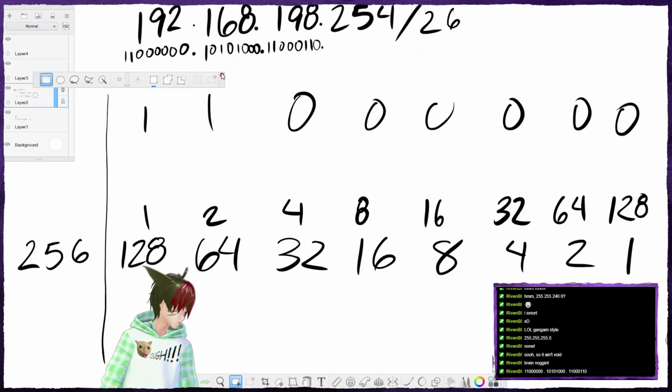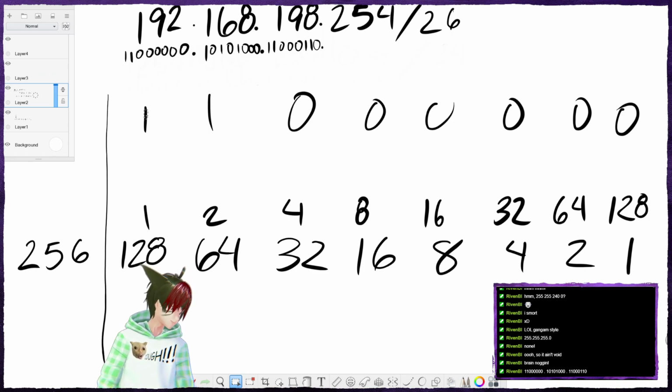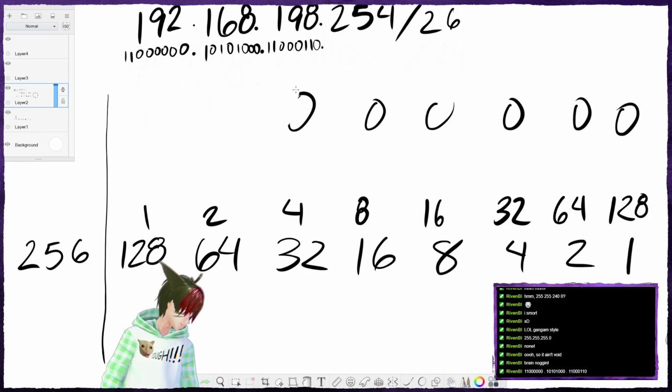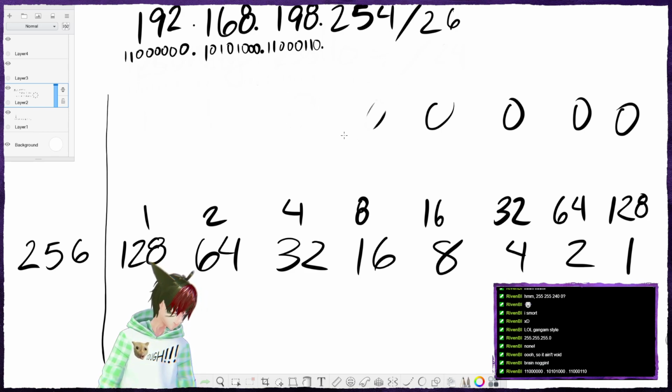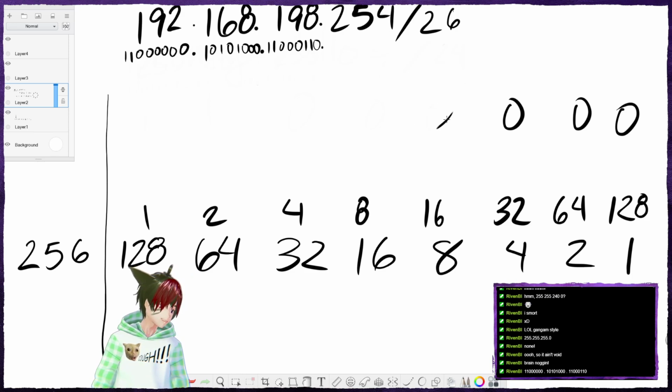This is where the subnet masking part gets confusing, because now you have to start thinking the other way around.